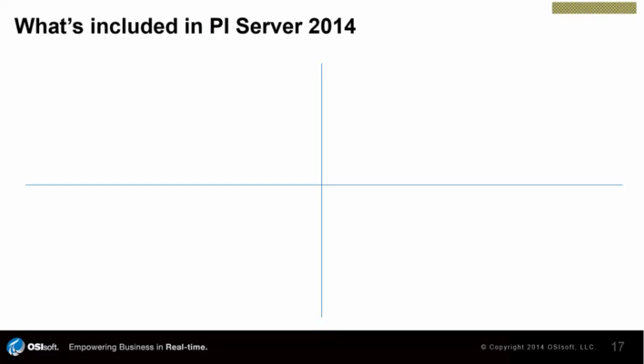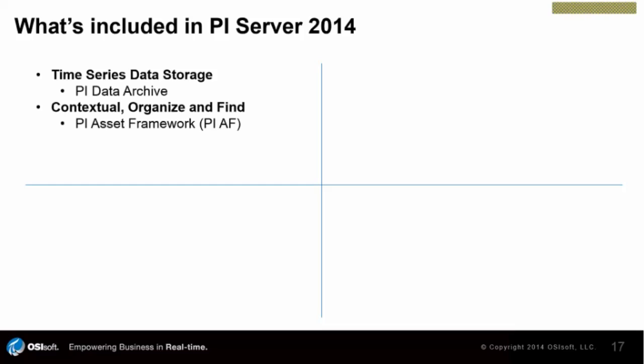Pi server today is not just a data archive, which, of course, it continues to have. It's a data storage for your time series data. But we also provide now a way for you to organize, provide context to your data, and organize it in such a way that's easy for you to find. Some of you may be aware that Pi Asset Framework is now part of the Pi server.